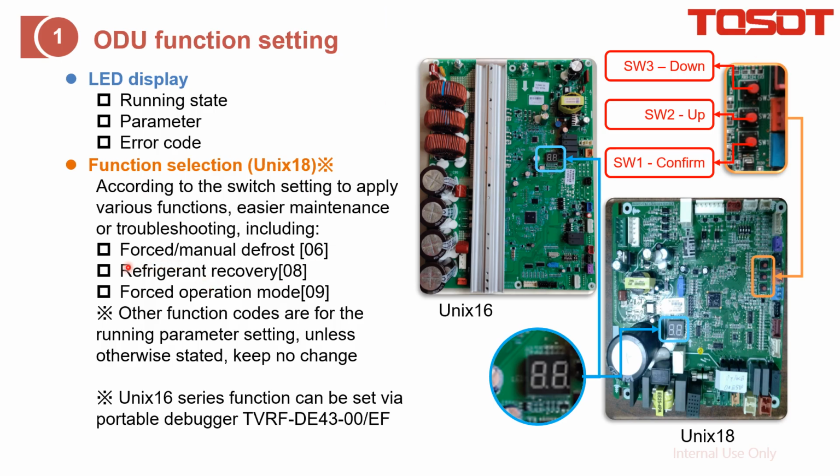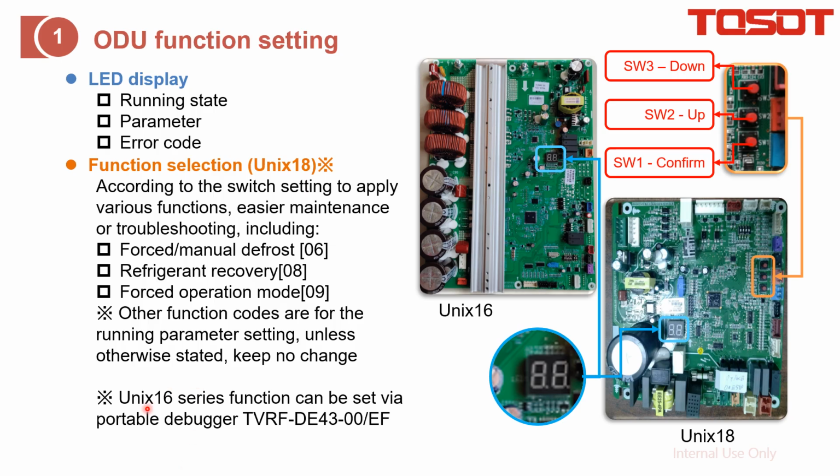Here we offer you the force defrost, which is manual defrost, and refrigerant recovery, which is to collect the refrigerant of the pipeline and the air handler. And force operation mode is just for the test run. Once applied, it will ignore the signal from the 24-volt input.